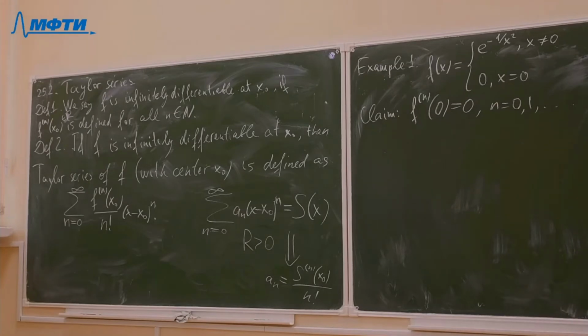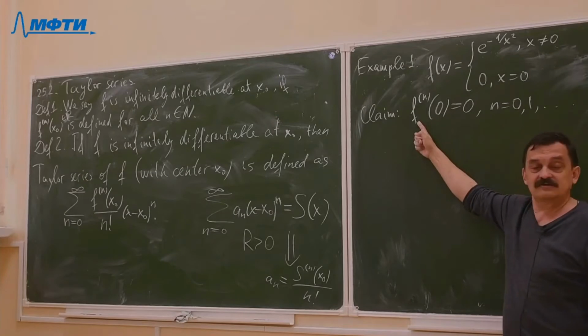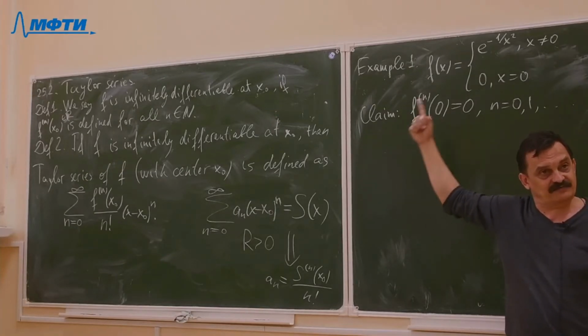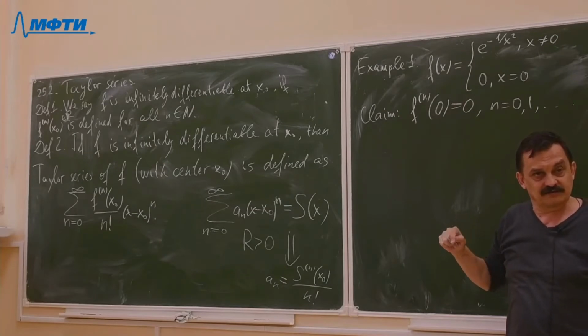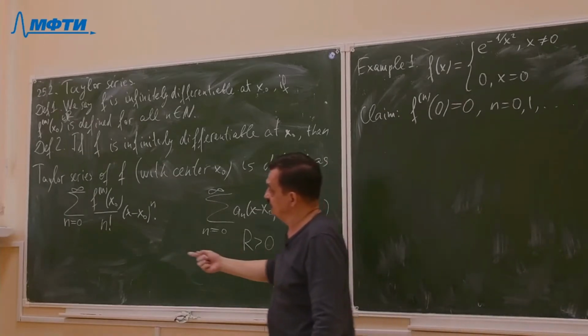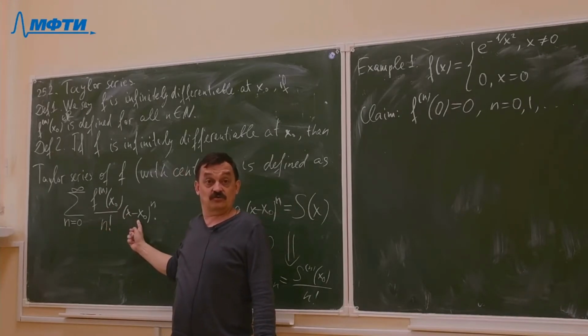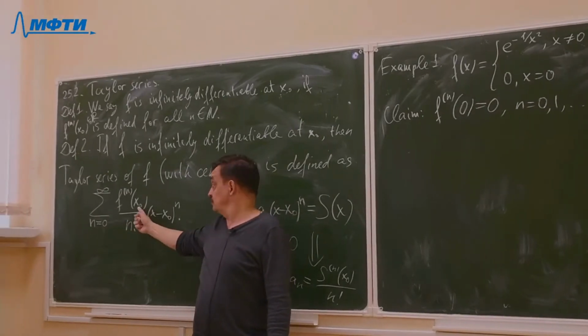But what happens? It turns out that when we construct the Taylor series for that function, instead of x naught, I take 0. X naught is 0.